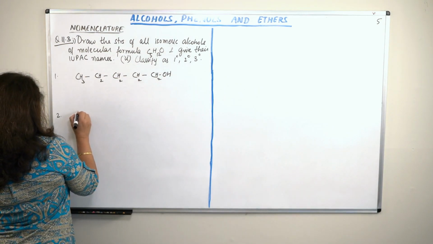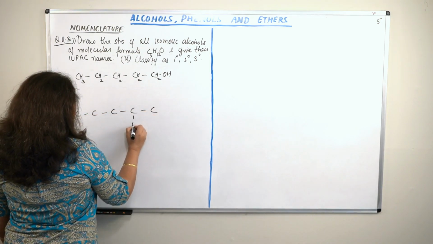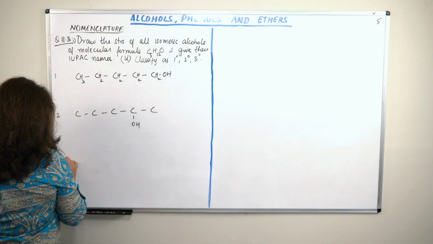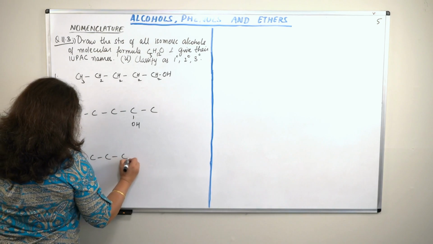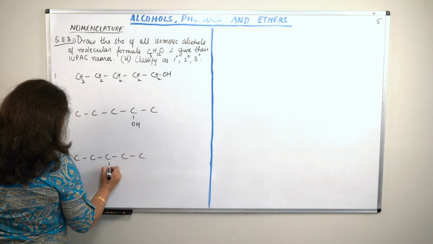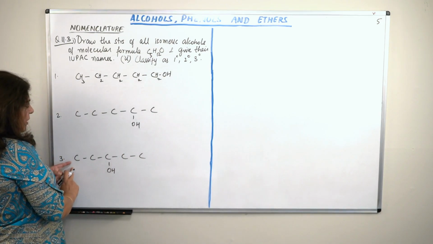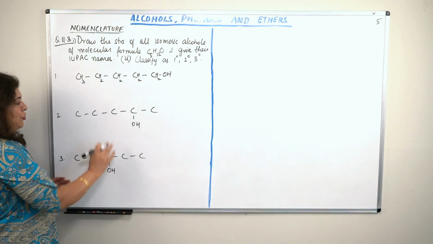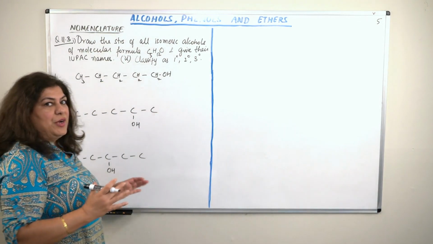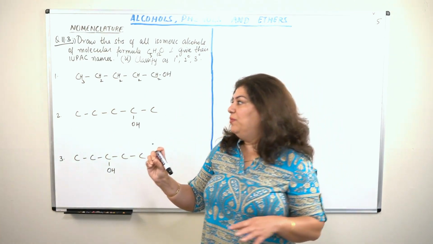So C1, 2, 3, 4, 5, and the alcohol is here. Third compound: 1, 2, 3, 4, 5, and the alcohol is on the third carbon. If I put the alcohol here, then the counting begins from here and it becomes the second position. So we cannot have any more structures where we have the straight chain of 5 carbons and move the alcohol.